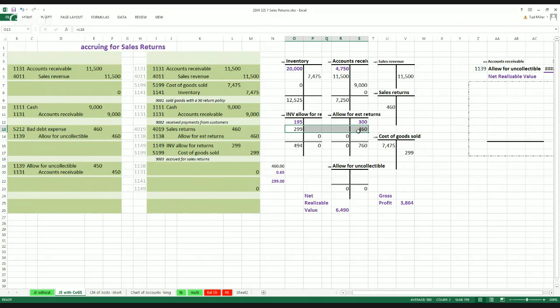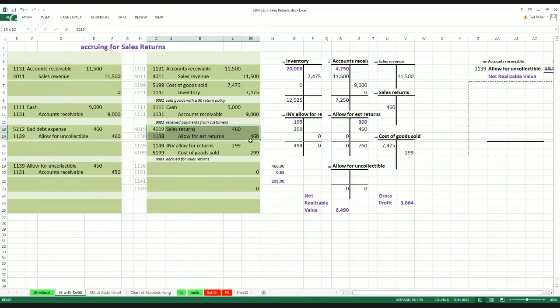If they never return the goods, then I'm never going to use this negative asset either, am I? So yeah, this may never turn into an asset, but if this doesn't turn into an asset, then I won't need this allowance over here. Okay, so that's how I kind of justify it in my mind.